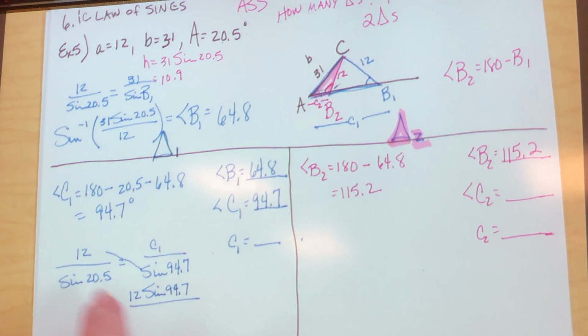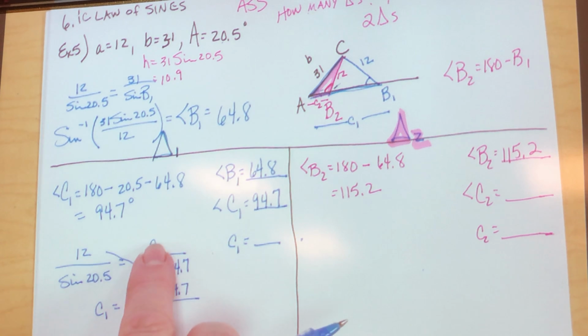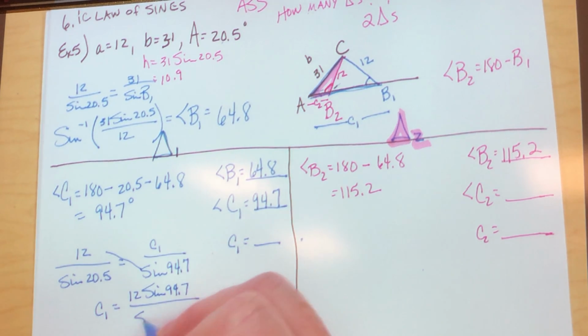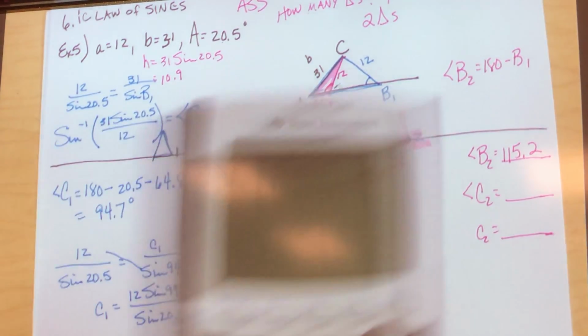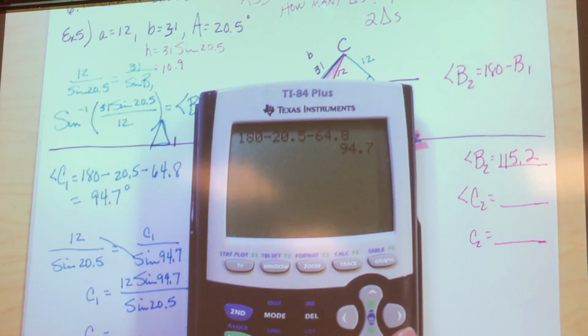The one that's the odd man out, I don't know his partner, the sine of 20.5, he goes on the bottom. So C1 is equal to, all right? So I'll pop this in my calculator. So I'll say 12 times the sine of 94.7, close those parentheses, divided by the sine of 20.5.